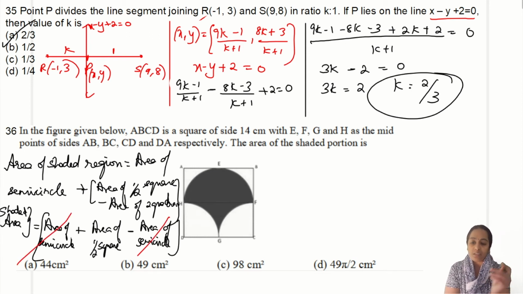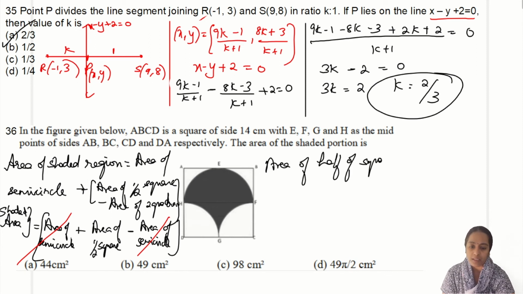So you just have to find the area of half of the square. Finding the area of half of the square is very easy. Half the area of the square is side into side.